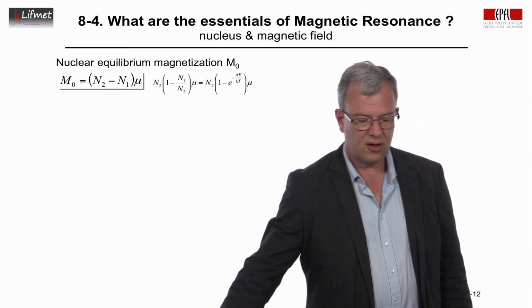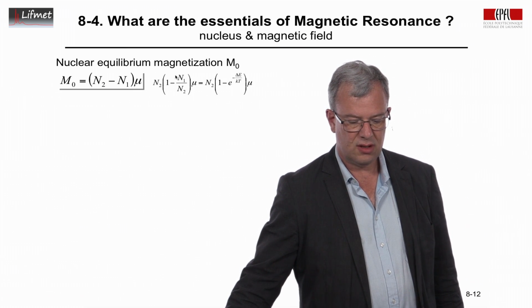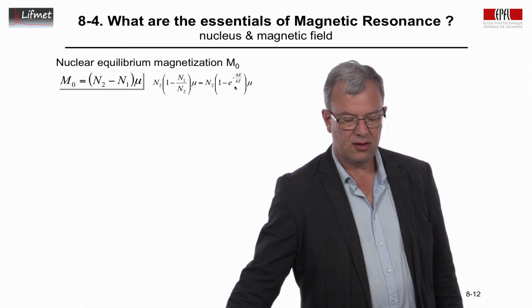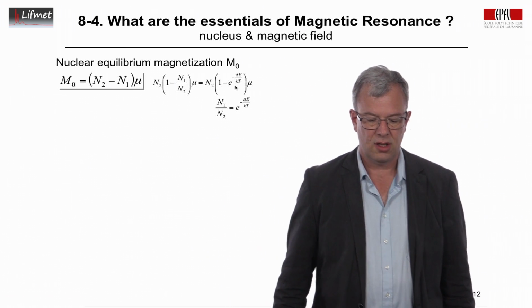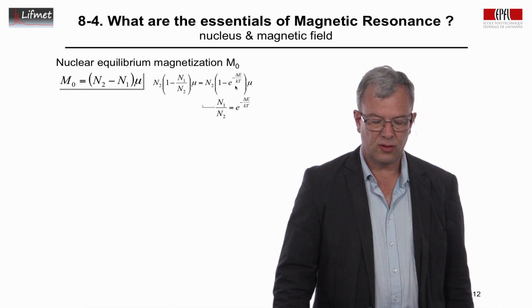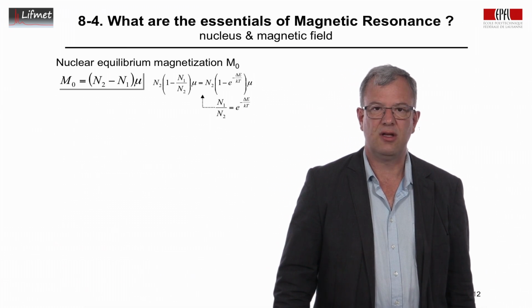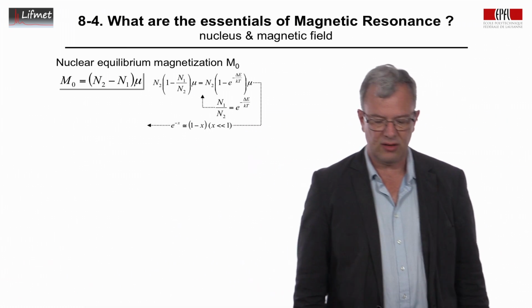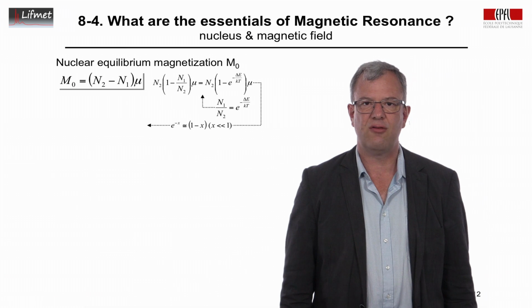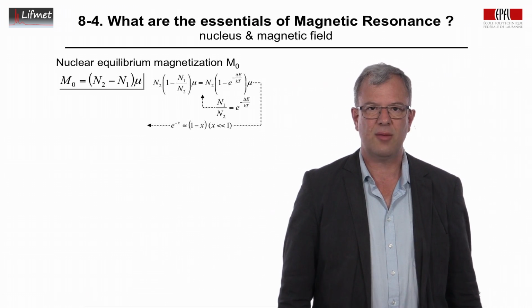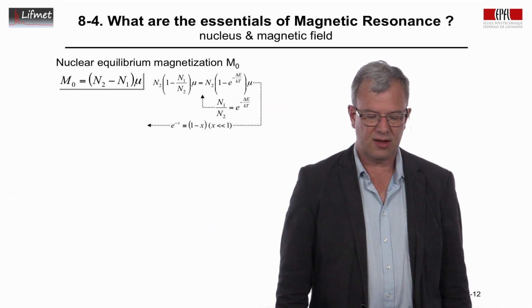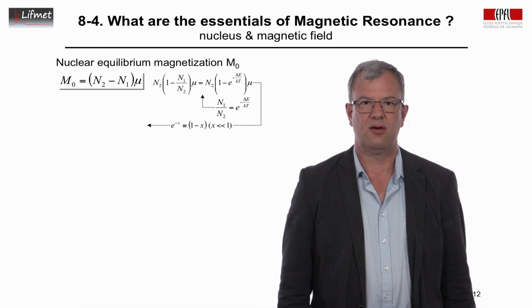Now I'll rewrite this equation in this form, and we'll have N1 over N2, where we can use the Boltzmann distribution. And now we will use the linearization, because we have said delta E over kT is very small, so e to the minus x can be approximated by 1 minus x if x is very small compared to 1.